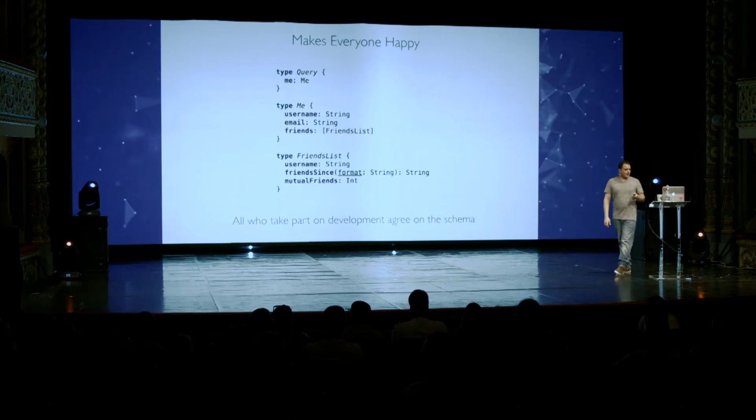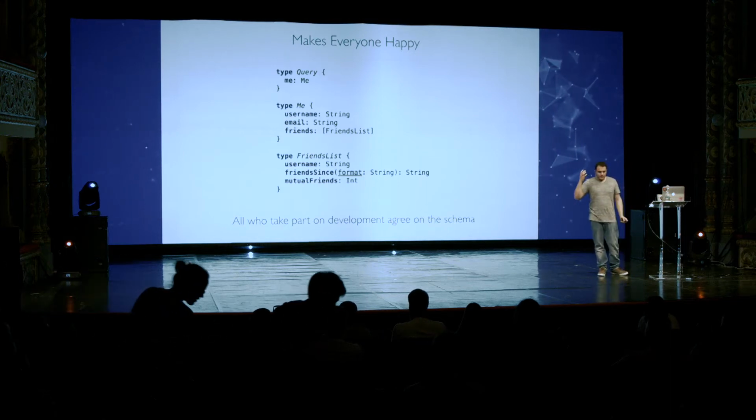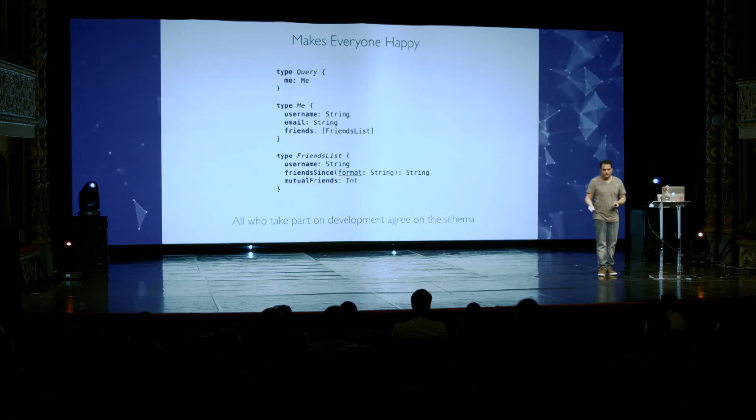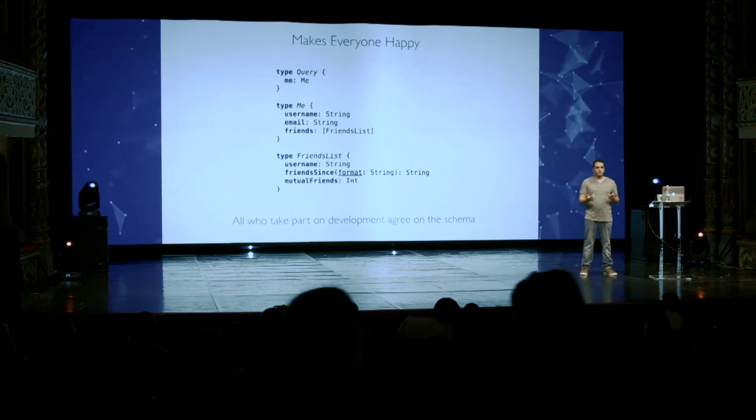So after agreeing on this contract, the client-side developers can just run and do the actual development, because they don't need to wait for the backend guys to connect the actual data.